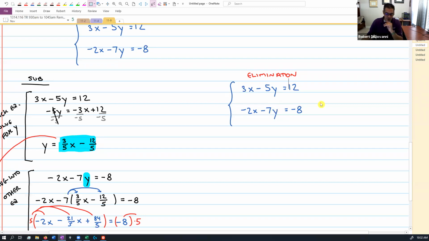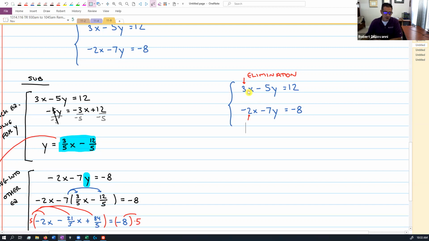So here's what I'm going to do. All right, this is the trick. I'm going to look at these two numbers, the 3 and the negative 2, or just look at the 2, and I'm going to get their common multiple. So 6 is a multiple of both of those, right? So I'm going to turn this 3X into a 6X, and this negative 2X into a negative 6X.